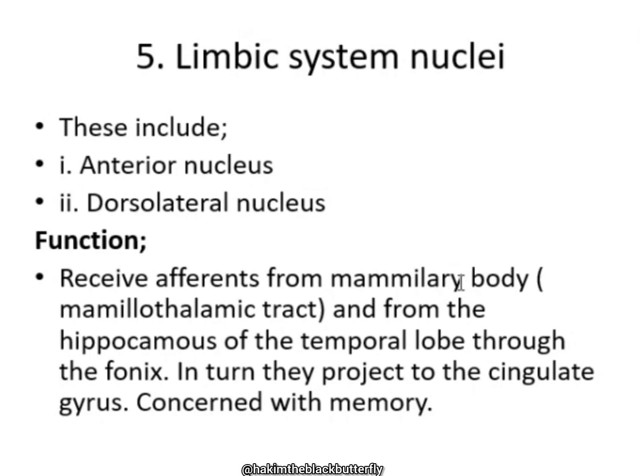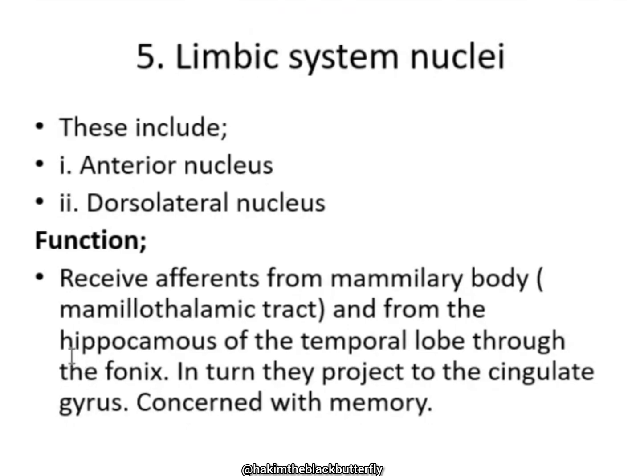There are two almond-shaped structures towards the end of the fornix known as mammillary bodies. They are part of the limbic system. You are going to look at where they are located. So information coming from them must go to the limbic nuclei, nuclei concerned with coordination of information coming from the limbic system.